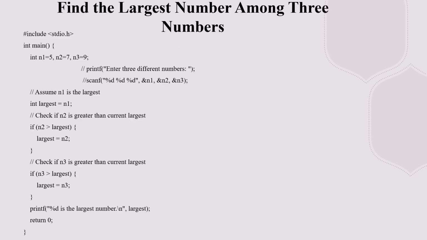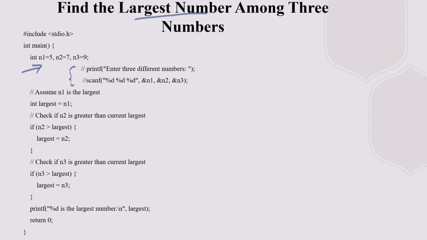to get the output. So the next program is all about finding the largest number among three numbers. Here the three numbers are given. This is one way of giving the input. Otherwise you can take the input values from the user also.